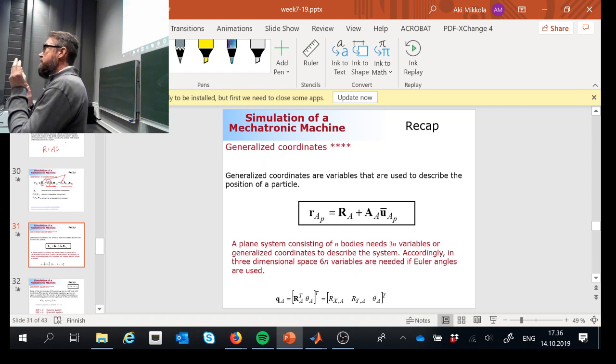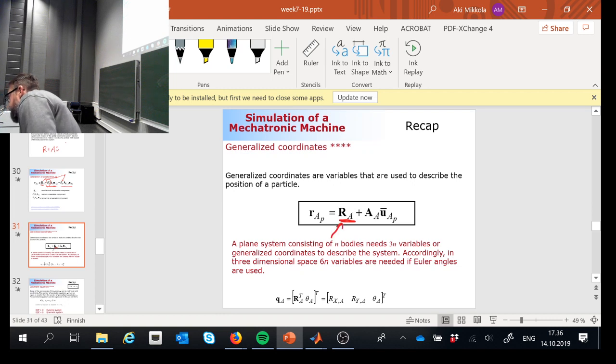One body in the planar case must have three tensorized coordinates, because when you look at the equation that we use to describe the kinematics, the two components associated with translation can be variable. They can change their numerical values when the body translates in the X and Y direction.